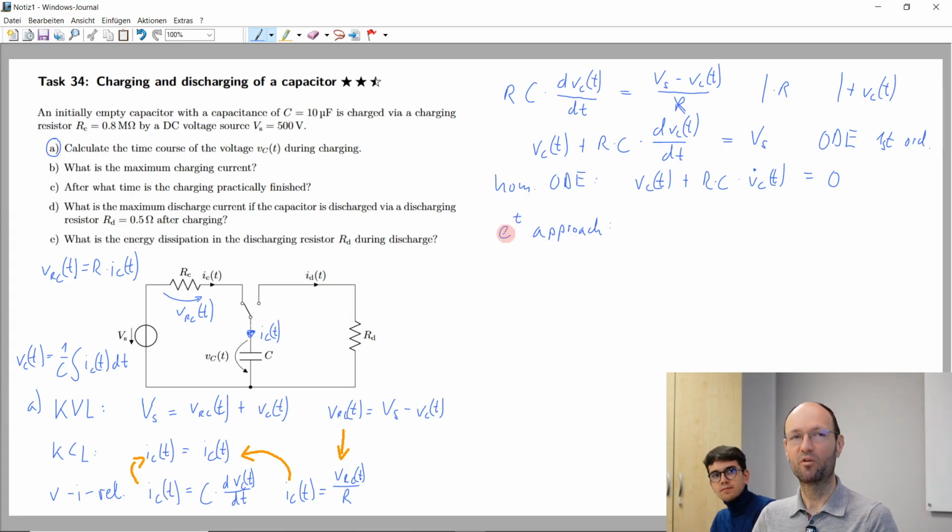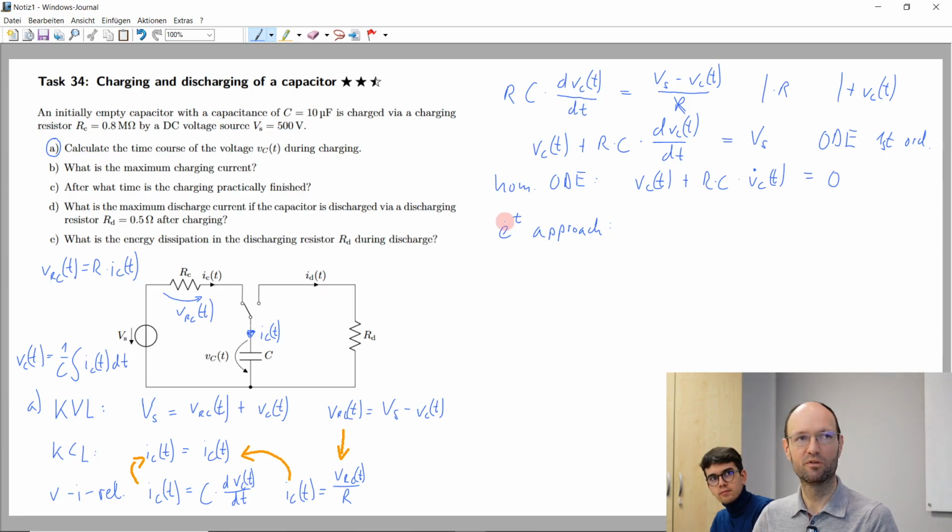From a mathematical point of view, I think this would be somehow okay. But from an engineering, from a physics point of view, it's not, because time has a unit, like seconds. And we can only calculate e to the power of a number, but not e to the power of a unit. So the argument of the exponential function needs to be unitless.